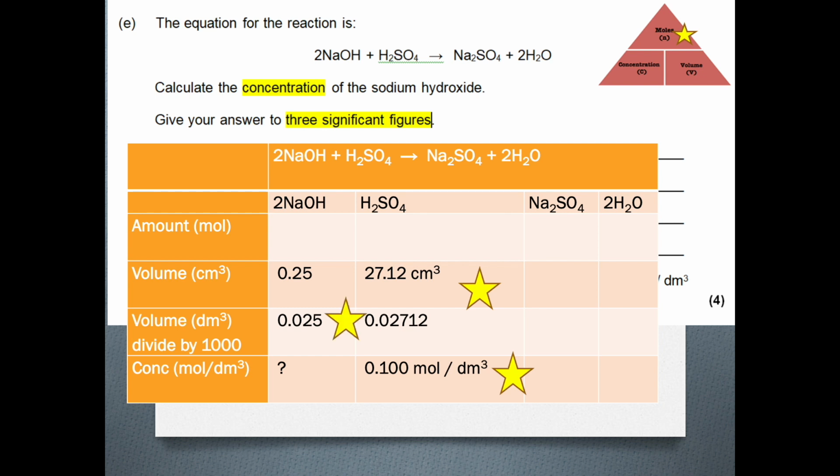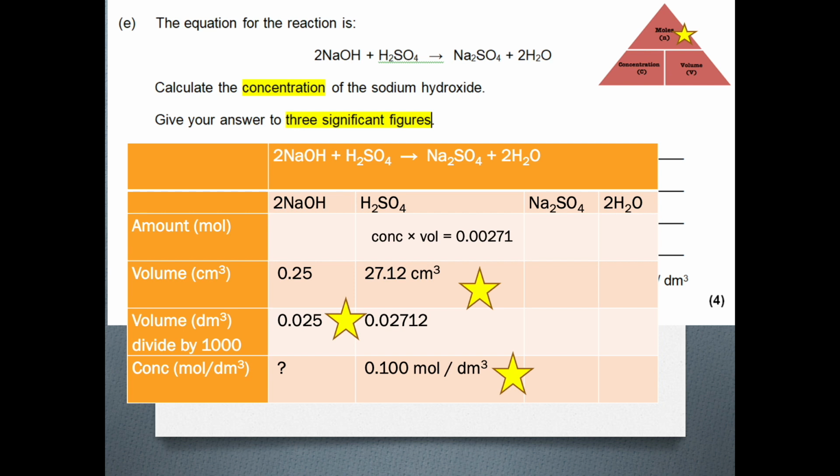Have you noticed that when your volume is given in centimetre cubed, you must convert it to dm3, and you do that by dividing by 1,000. So everything I've highlighted here, my stars, they have either been worked out previously or been given in the exam question. So it's very important to put that data in. And just by filling that table, you can see visually what it is you're required to work out. So here I'm missing my moles and I'm missing my concentration. This is the last part that we're going to be focusing on.